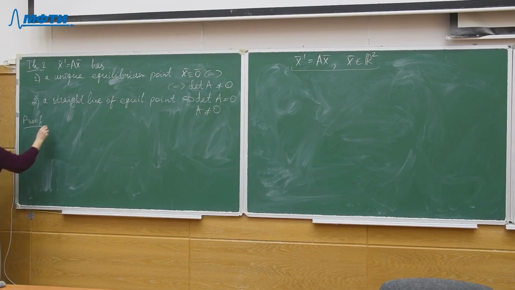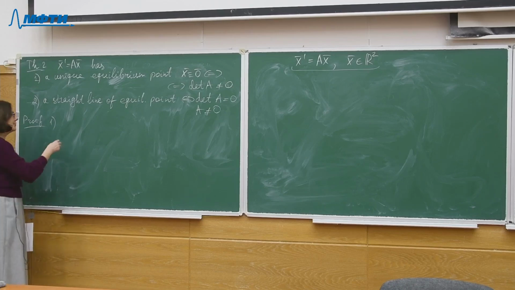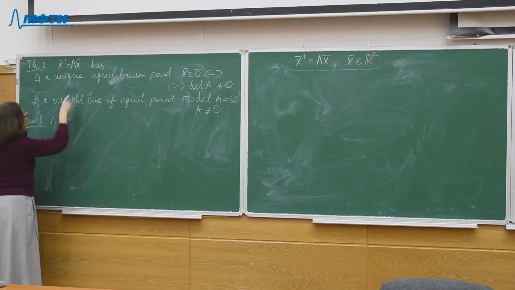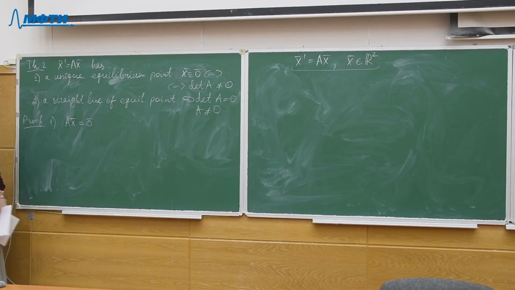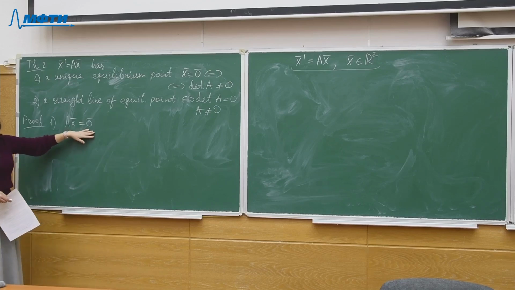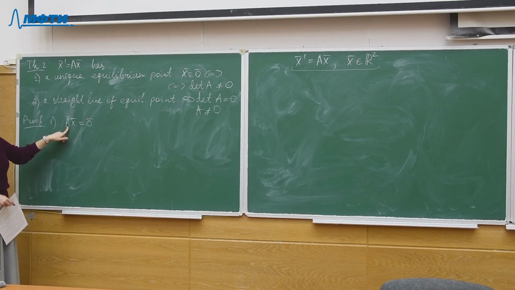Okay, so the proof is straightforward. For the first point, a unique equilibrium point, we know that by definition x0 is an equilibrium point if and only if it is a solution of the equation AX equals 0, right? So this is by definition. X is a critical point or an equilibrium point if by definition it satisfies this equation. But if the matrix is non-degenerate, then this equation has only the trivial solution.